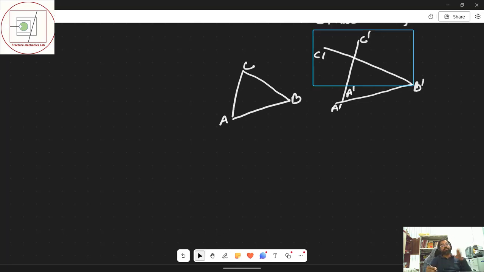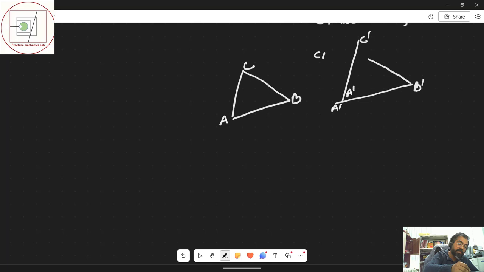So you see that if you allow the three beams to deform freely, following the stress equilibrium and all, then it may so happen that they overlap on each other or they do not meet. So there are either gaps or intersections.